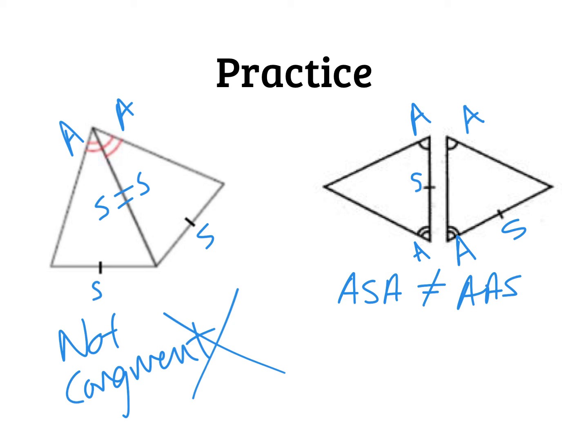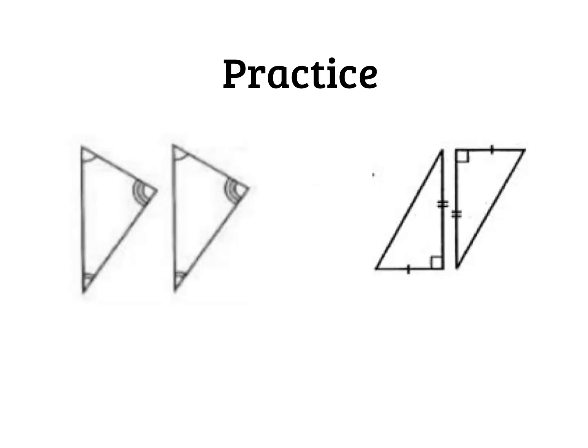So this is another example where they're not congruent. Here I'm also given all three angles. Angle, angle, angle is also an example of not congruence.